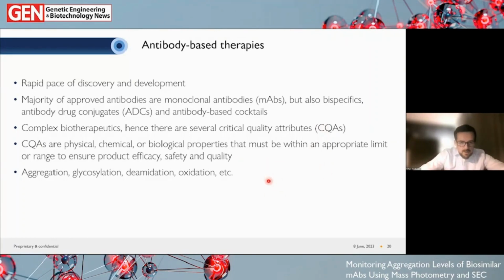I haven't put an exhaustive list here, but some of the more common ones relate to aggregation, glycosylation, deamidation, oxidation. At the conference where I am currently, the American Society for Mass Spectrometry, there's a lot of focus on charge variant analysis as well.